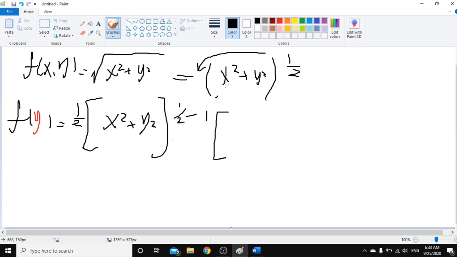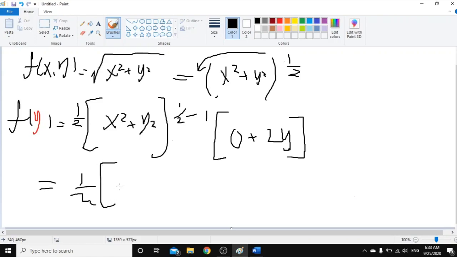So the inside here is x squared, which with respect to y is 0, plus y squared, which is 2y. So this equals 1 over 2 times x squared plus y squared to the minus 1 over 2 times 2y.